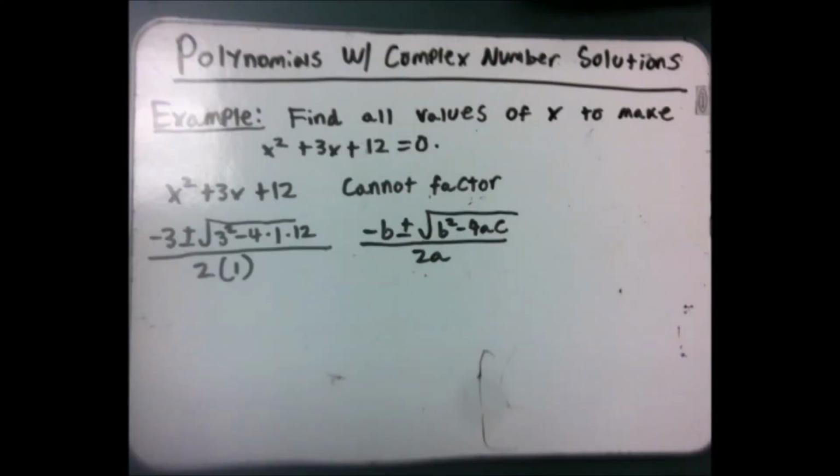Now on to the next topic, polynomials with complex number solutions. For this example, we're asked to find all values of x to make x squared + 3x + 12 = 0. You'll quickly find out that you cannot solve for the zeros of this polynomial by factoring. Feel like beating your head against a wall? Don't worry, we can still use the quadratic formula to find the zeros of this polynomial.